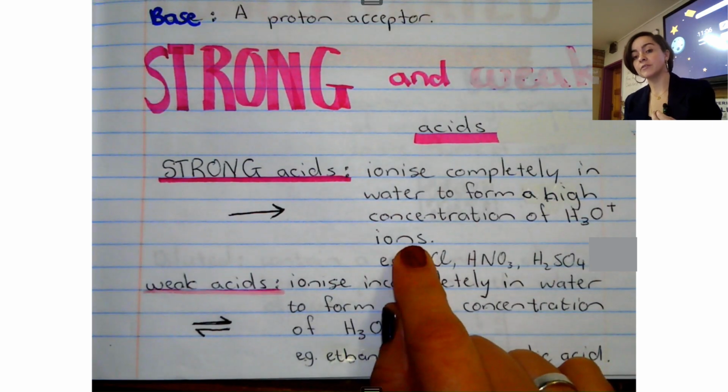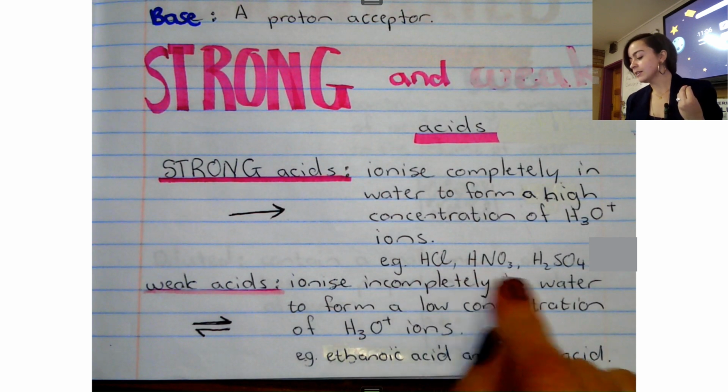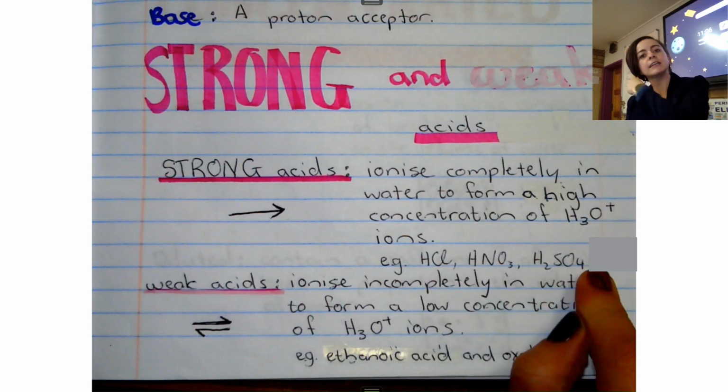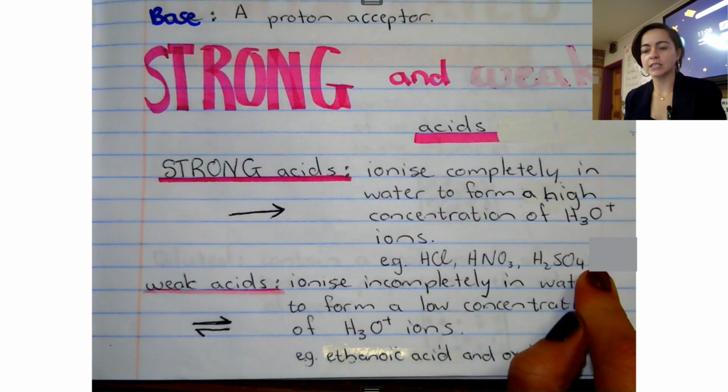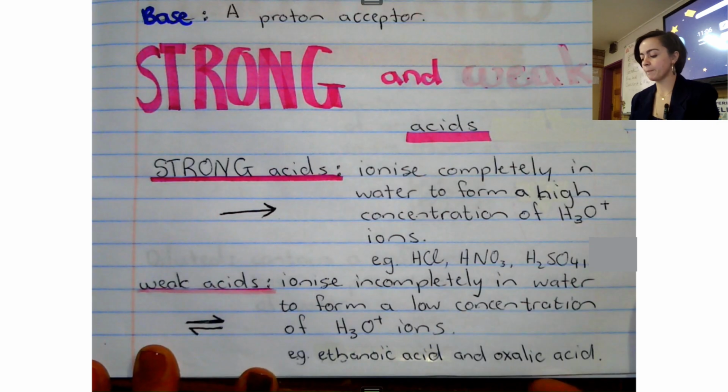Examples of these are hydrochloric acid, nitric acid, sulfuric acid, as well as phosphoric acid. These are the ones you can definitely expect and should know. You have luckily been taught them since grade 9s. I mean, just the other day I was teaching my grade 9s these specific acids. So they are our strong acids.